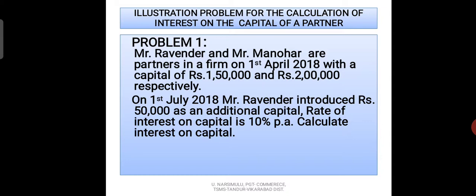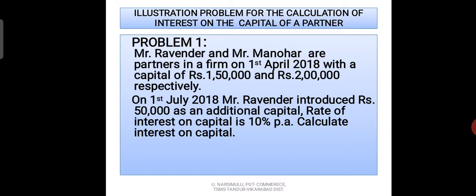So in the middle of the year, one of the partner here name Mr. Ravindra. Middle of the year means here on 1st July 2018 Mr. Ravindra introduced, means given some additional capital to the partnership firm, that is of amount of rupees 50,000, and the rate of interest on capital, it is clearly given in this problem.